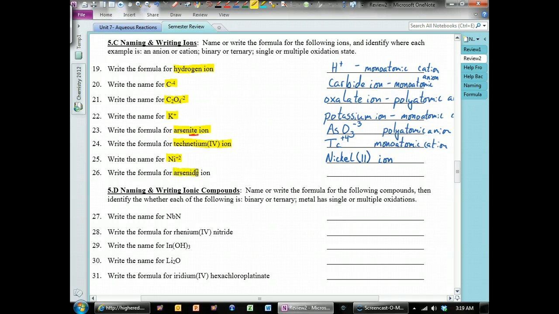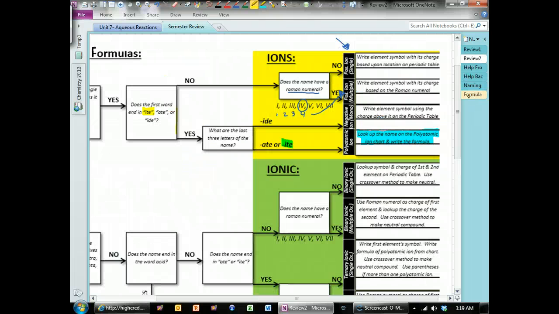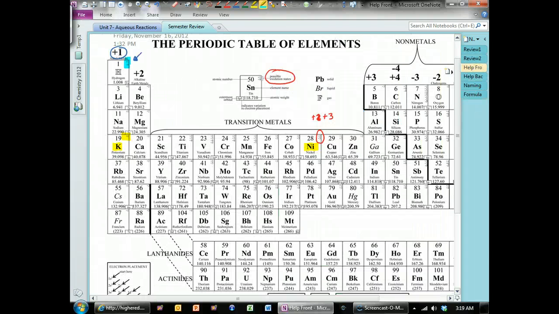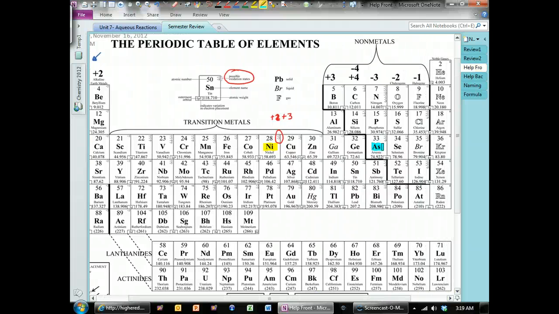The last one, arsenide ion, going back to the flow chart. To write the formula, we see that arsenide ends in "ide," and so we end up right here. This is an anion because it's negatively charged, and we're going to write the element symbol with the charge that's above it on the periodic table. So when you go to your periodic table and find arsenide, or arsenic, because that's just an element, arsenic's right here.